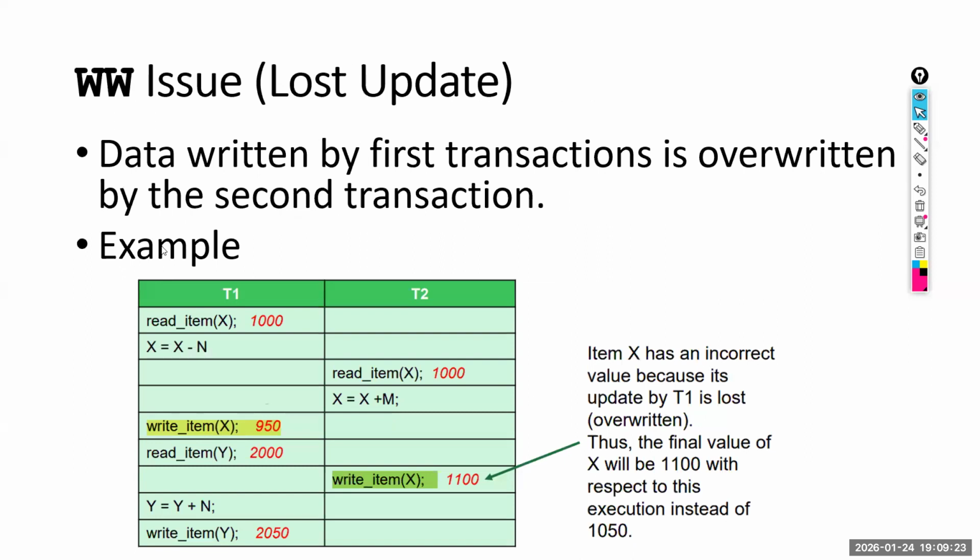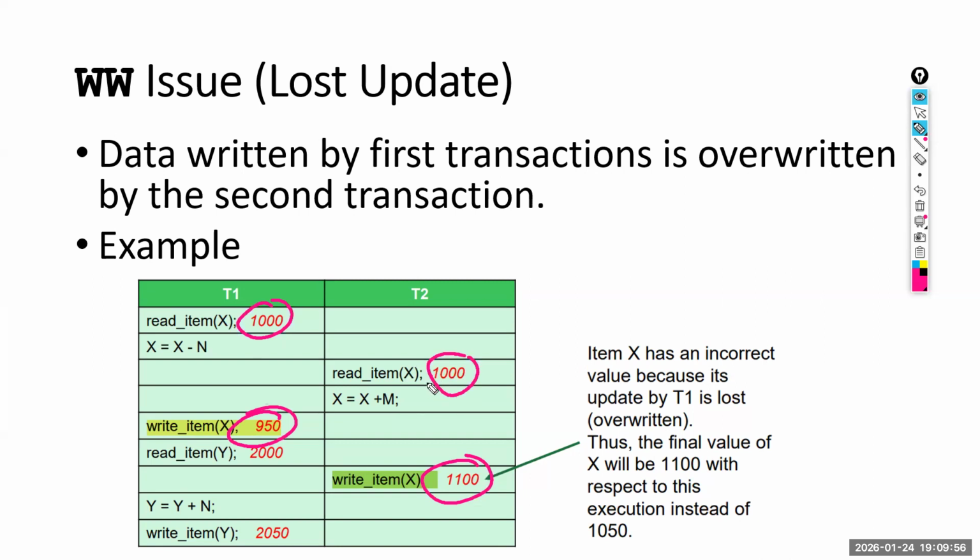So one transaction writes something, say to a particular field, and the other transaction also writes to the same field. So that means the previous value is now overwritten by the second transaction. Okay. So that is why we say lost update. The first update is now lost by the second update. So therefore that is not correct because initially both read the same value.